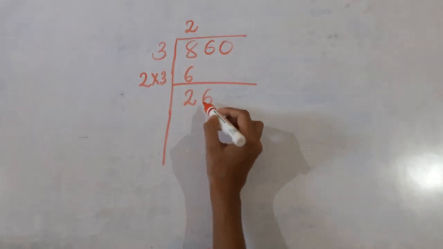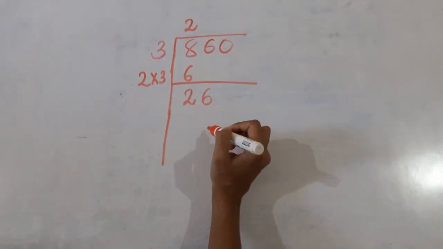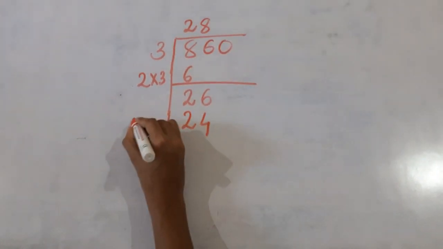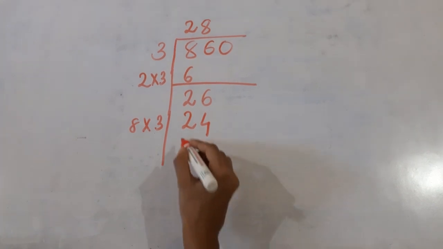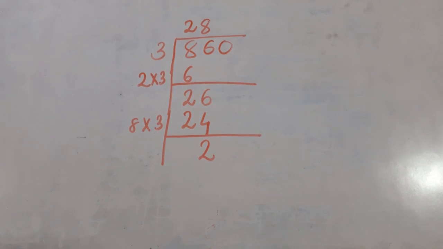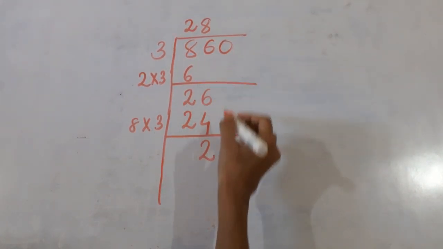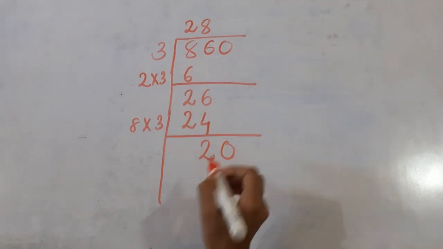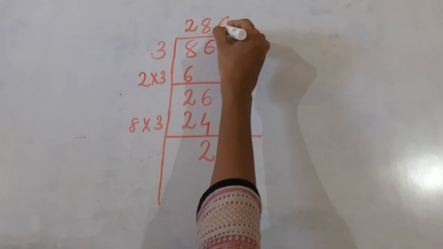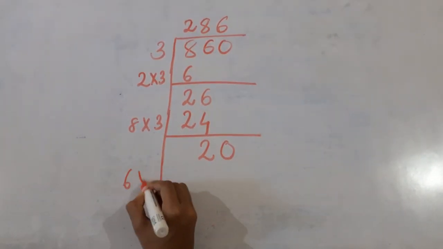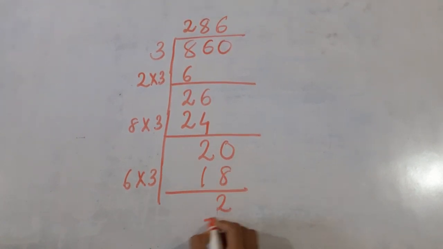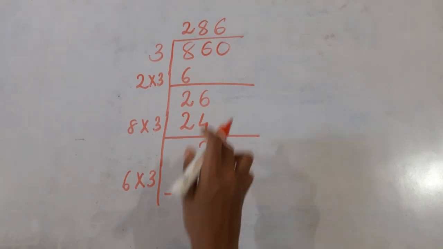How many 3s are there in 26? 8. 8 into 3, 24. Now 26 minus 24, 2. Then I will write this 0 here from the 1's place. Now tell me how many 3s are there in 20? 6 3s are there in 20. 6 3s are 18. 20 minus 18, 2. We will get 2 here, nothing to write.